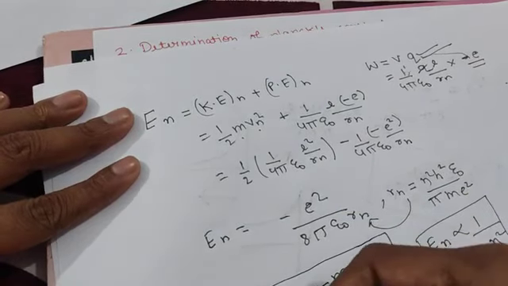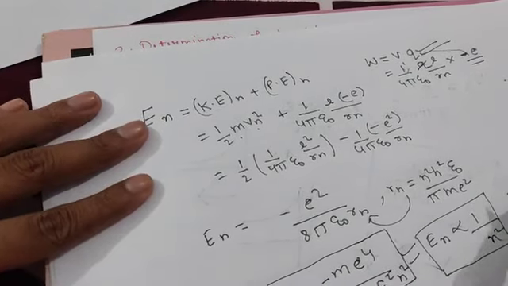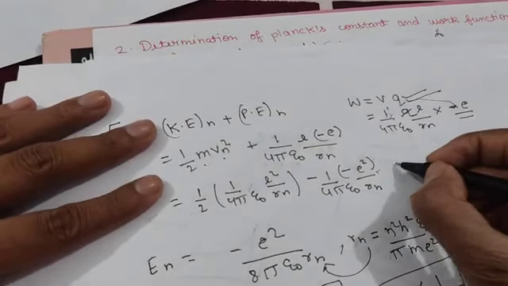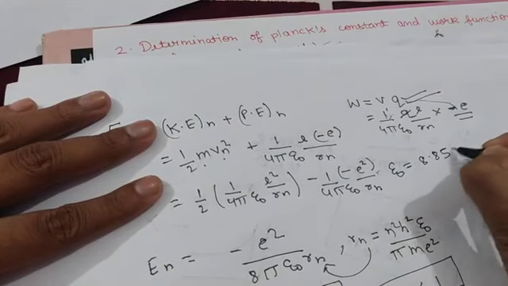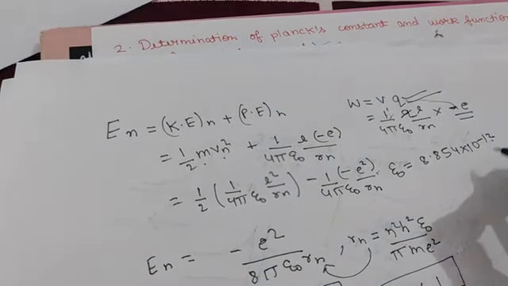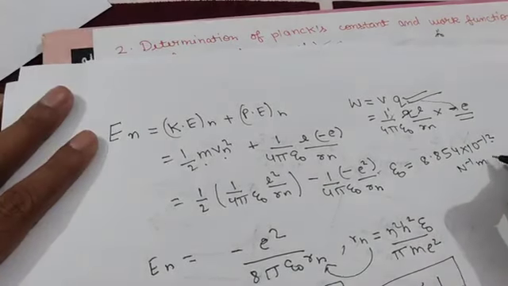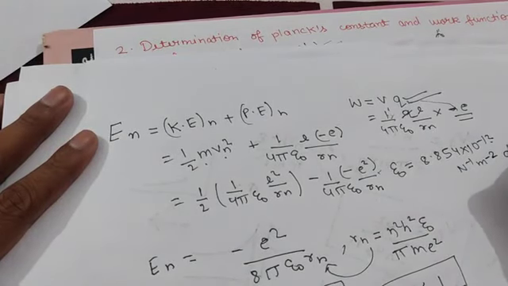And after putting all these values, we know epsilon naught is 8.854 into 10 to the power minus 12 per Newton per square meter, Coulomb square.